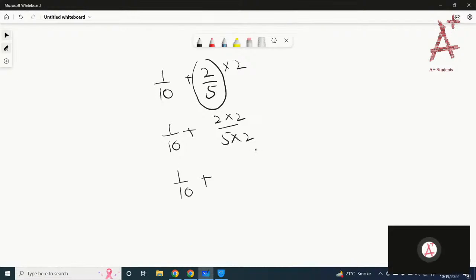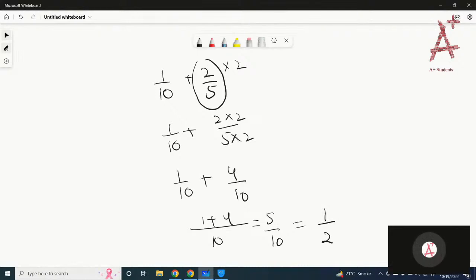It would be 1 by 10 plus 2 times 2 is 4 and 5 times 2 is 10. Now they have like denominators, simply add their numerators. So 4 plus 1 is 5 over 10. Got it? So you have to divide them by a common number, that is 5. 5 times 1 is 5 and 5 times 2 is 10. So it would be in simplest form, that is 1 over 2. Got it?